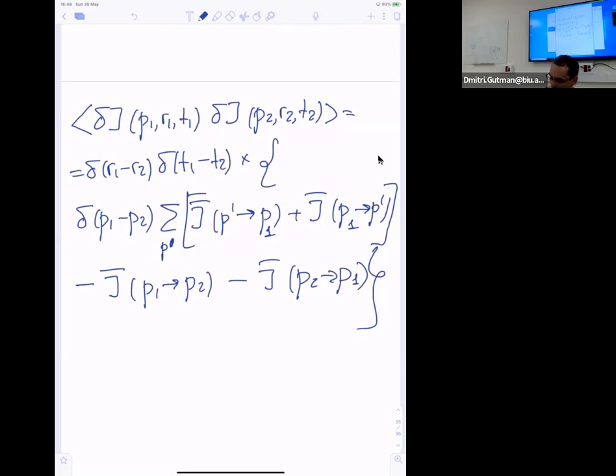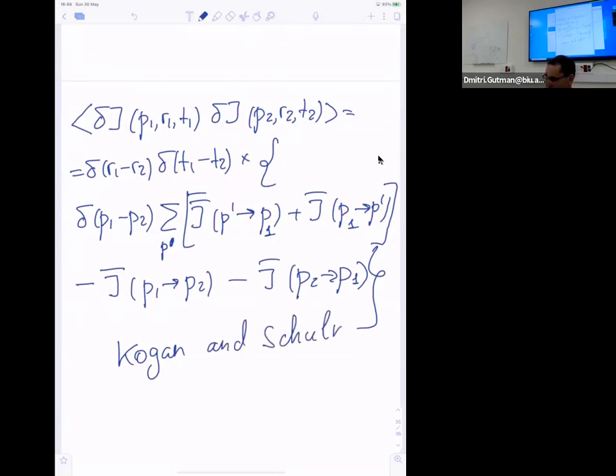By the way, this logic goes to the paper by Kogan and Schulman, sometime in the 60s, I guess. A long time ago.